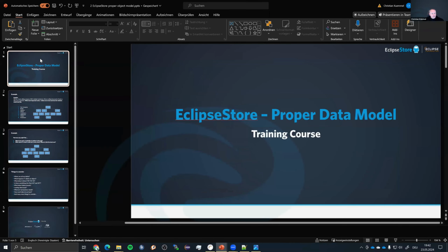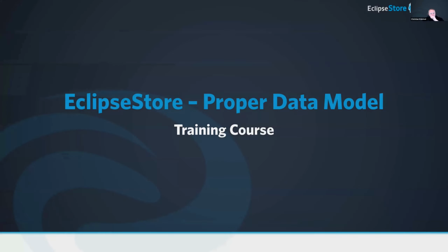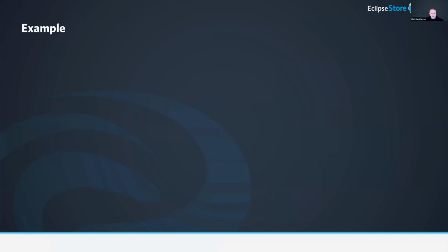I brought just a small presentation because a lot of people also ask, okay, how can I migrate from Hibernate, for example, to EclipseStore? Or how should I create the object graph? And that's why there are some things you have to know when it comes to the data model itself.